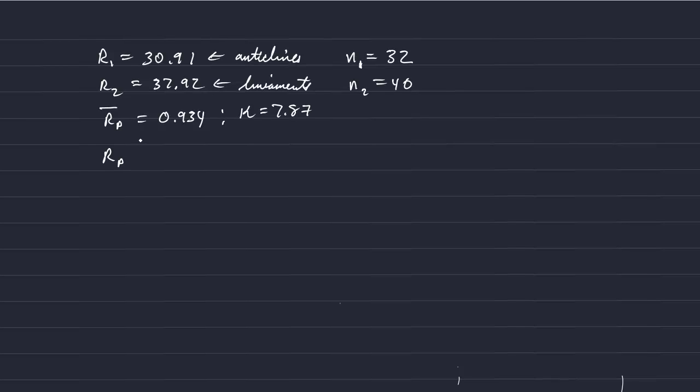RP was, again, R̄P times N, and that is equal to 67.23. And here, kappa was indeed greater than 2 and less than or equal to 10, so I had to use my second equation for F, which had a function of kappa as the first term.